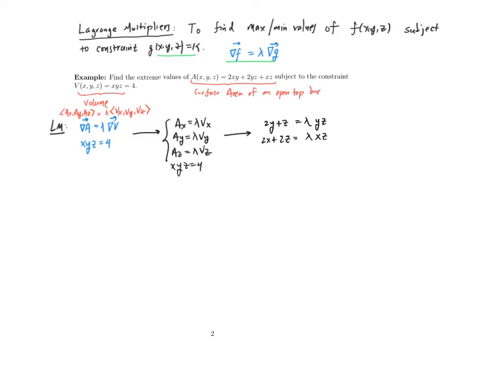And then lastly, A_z is 2y plus x, and V_z is xy. And then we have the constraint xyz equals 4.